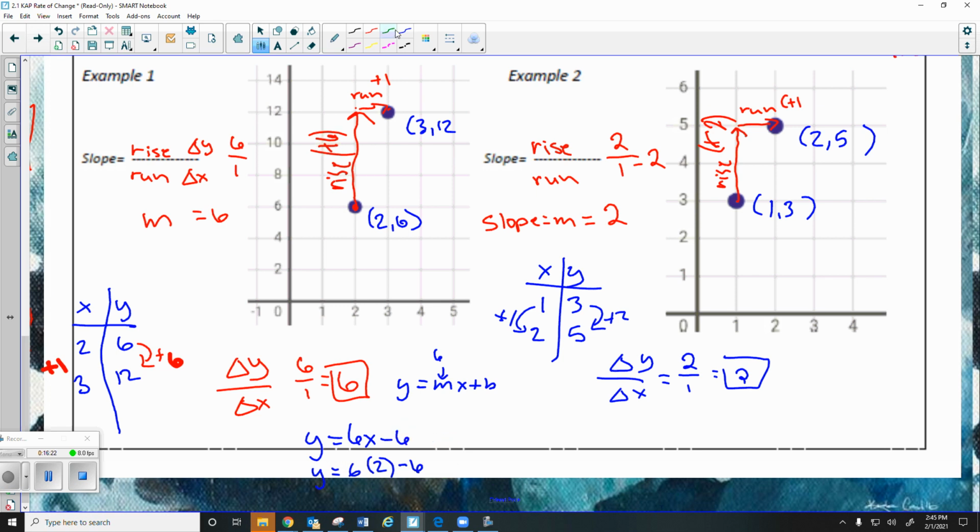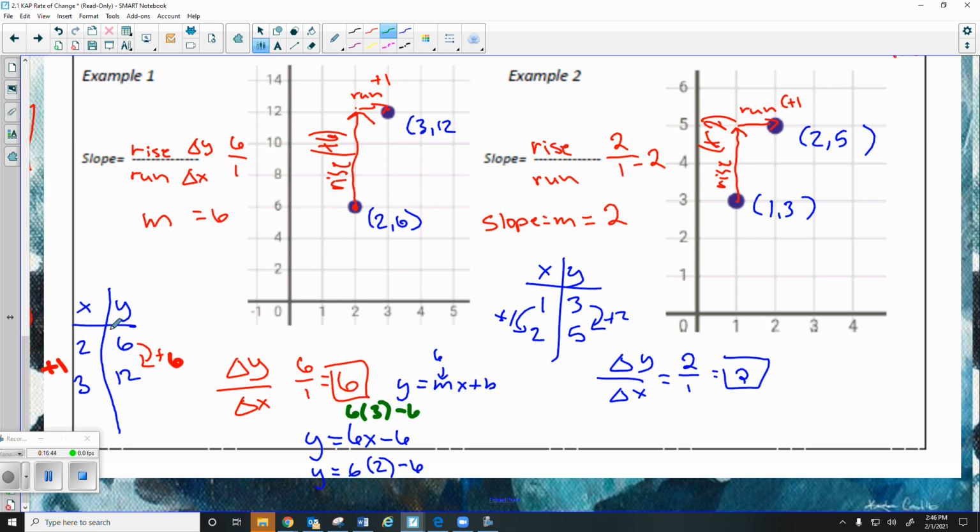Okay? So let's check that if I put in 3. If I say 6 times 3, that's 18. And if I take away 6, like I said in this equation, that would give me 12. So again, just looking at it, it's not multiplicative, it's not additive, it's a combination of two. It's a two-step equation. And again, we'll practice this tomorrow.